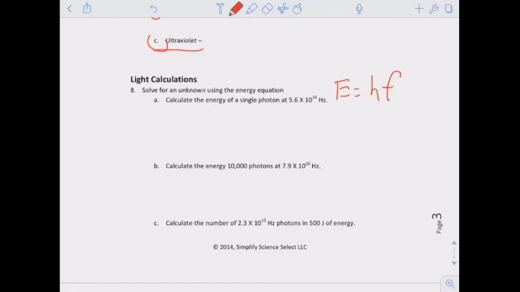But we have 5.6 times 10 to the 14th, so all we would have is 5.6 E14 times 6.63 E negative 34.